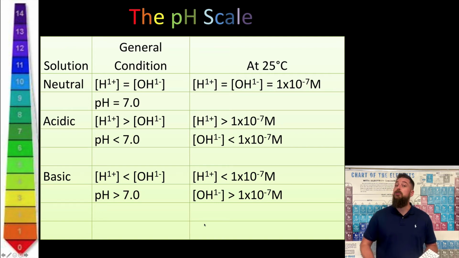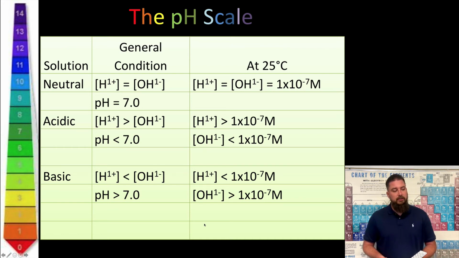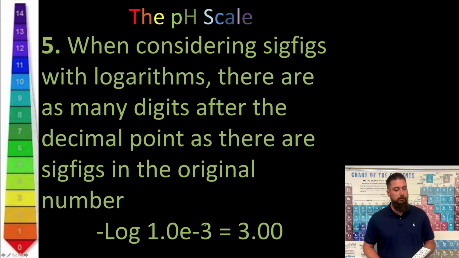Now, if your pH is above 7, so a pH of 8, 9, 10, 11, that means you're going to have less hydrogen ion concentration than hydroxide ion. As we go through practice problems, you'll start getting more familiar with these. But the key thing I want you to take away right now is that for a neutral substance, the concentrations are equal.